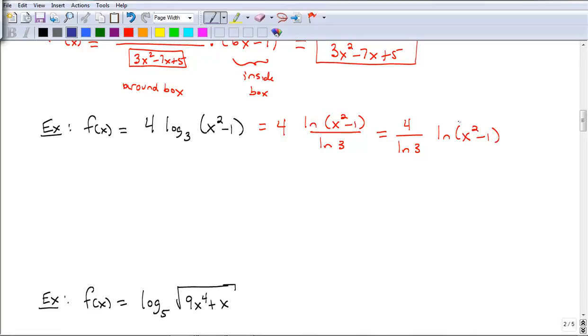And again, to find the derivative of this natural log, I need a box. Or I could remember the property. The 4 over natural log of 3 is a constant, so it sits around. The derivative of the natural log of x squared minus 1, the argument, x squared minus 1, goes on the bottom. That's the derivative around the box. The derivative of x squared minus 1, 2x, goes on top.